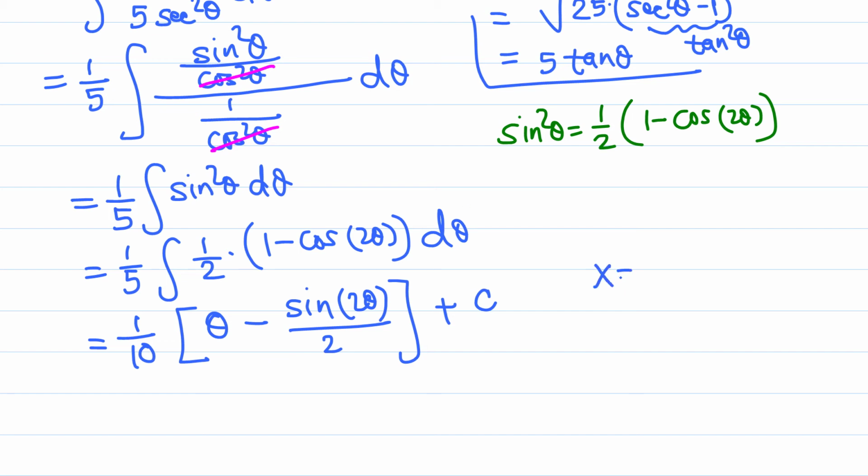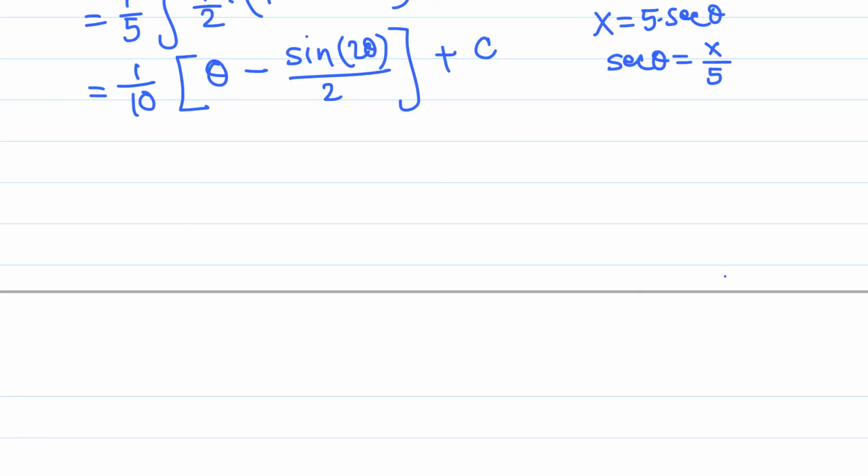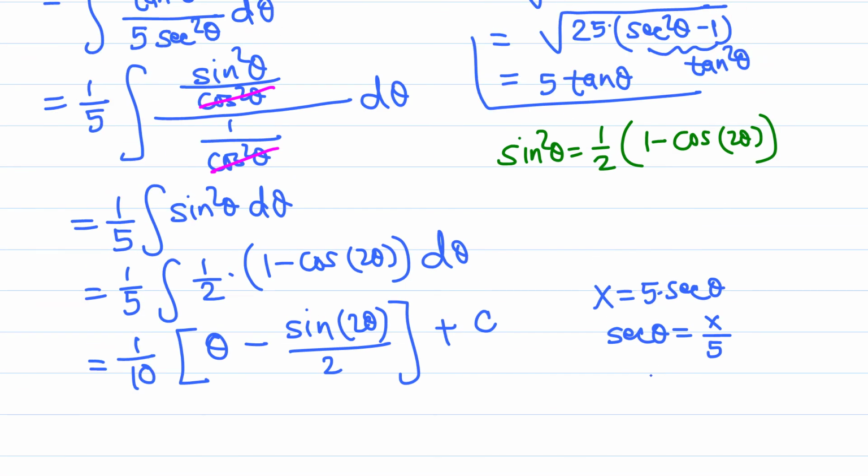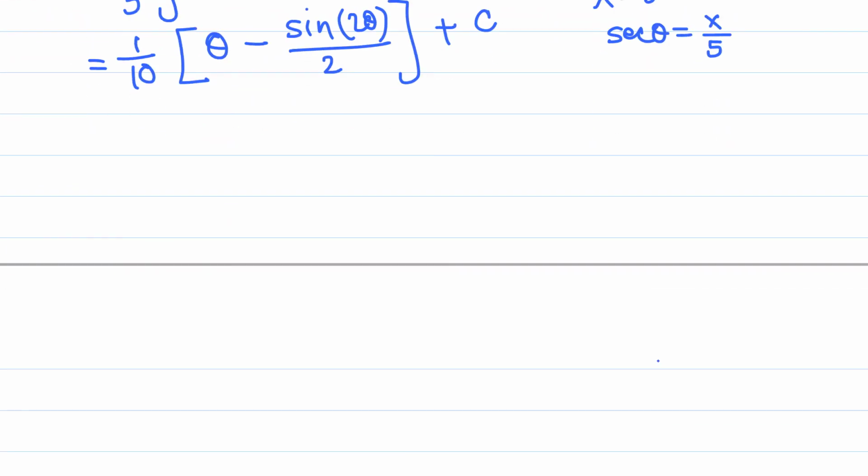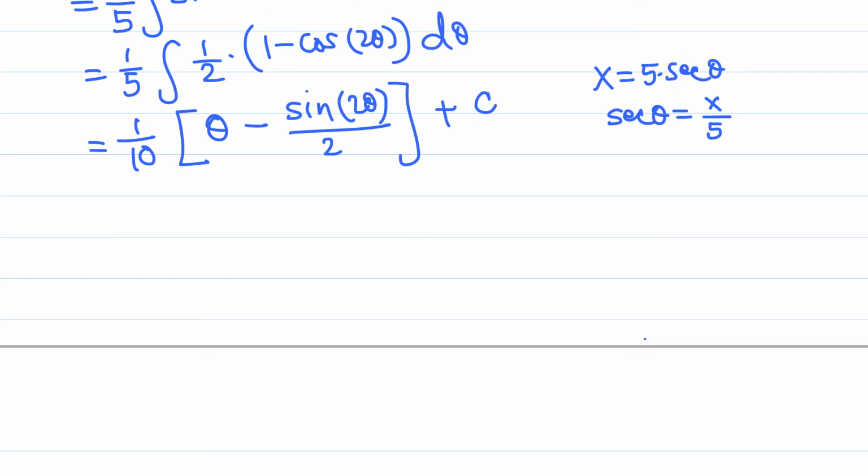That is the same as dividing by 5, so x over 5 equals secant theta. Okay, so write it this way: secant is the reciprocal of cosine. So secant theta is x over 5, which means we can write cosine, the more familiar function, just the reciprocal, 5 over x.